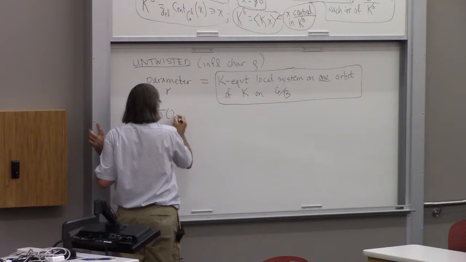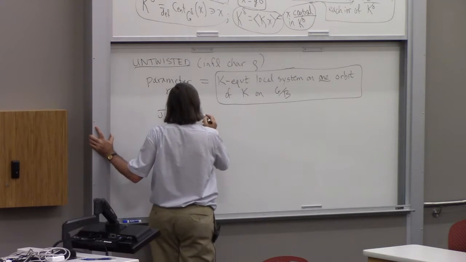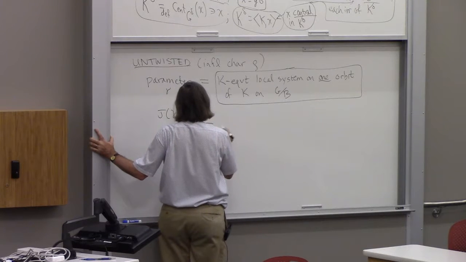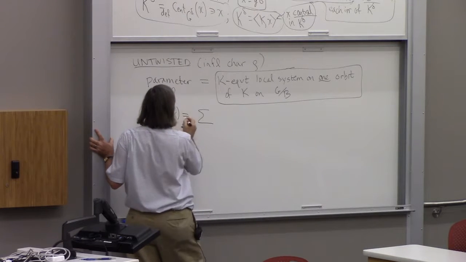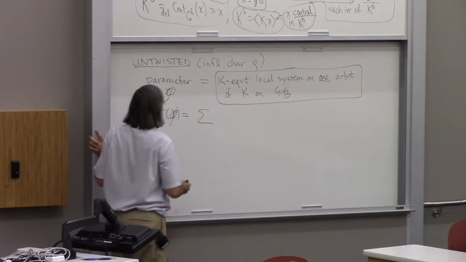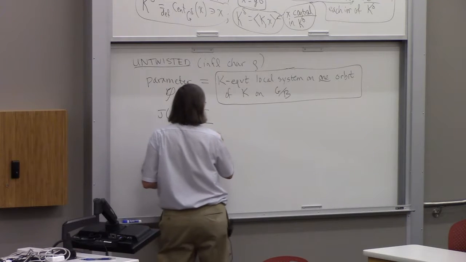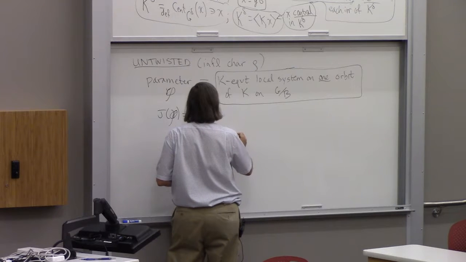And so we're interested in some formulas that say J of gamma is a sum over psi corresponding to smaller orbits.